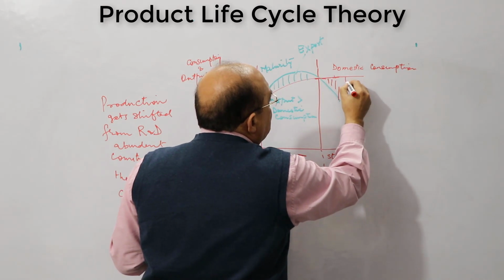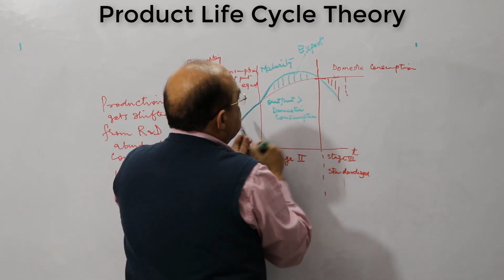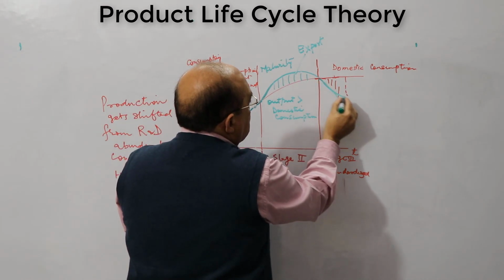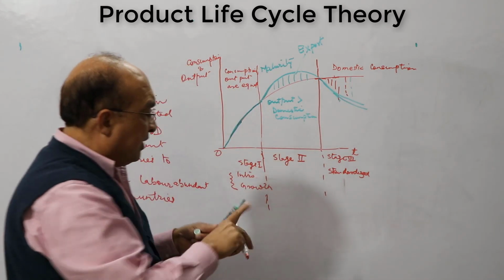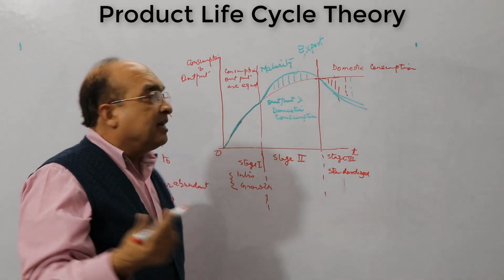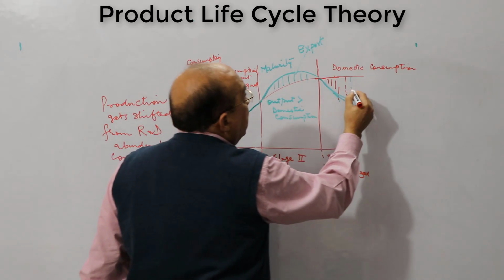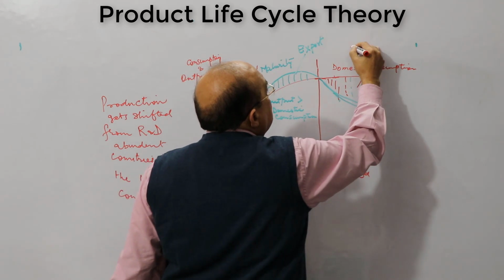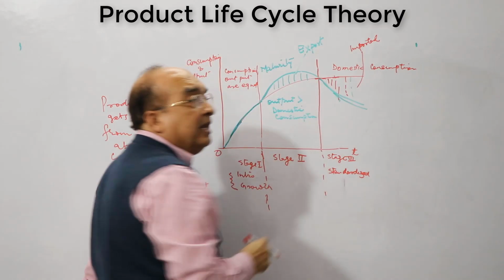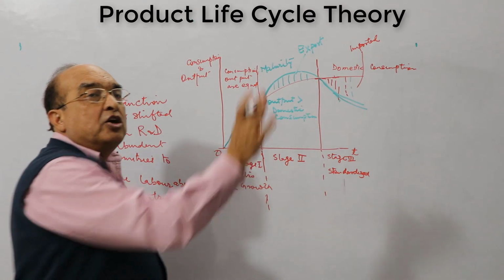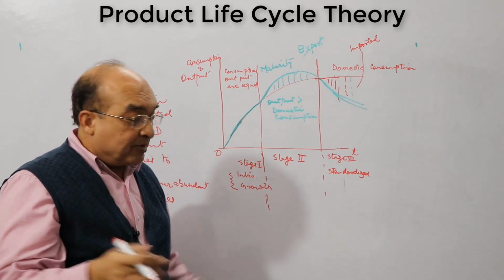And this gap, if you extend this curve, this one, will make sense for the countries to import. So here you will find the good will be imported from labor abundant countries to the ones that are capital abundant.